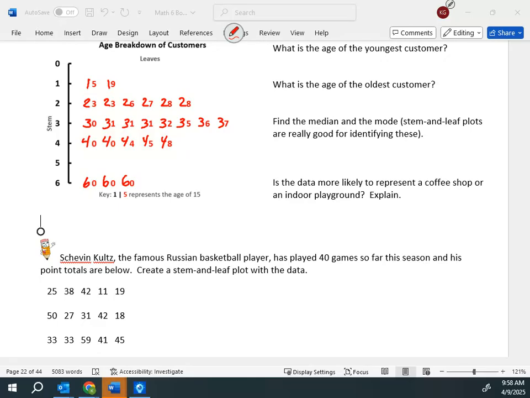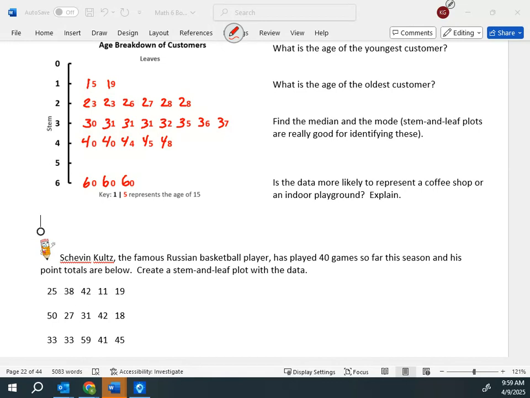Why do you think, when we're putting numbers into a stem and leaf plot, we do this? Why are we putting the stem on one side and the leaf on the other? Emma? To find the mean, median, and mode. You are absolutely right.